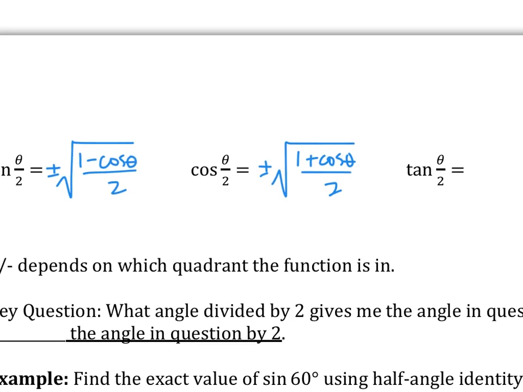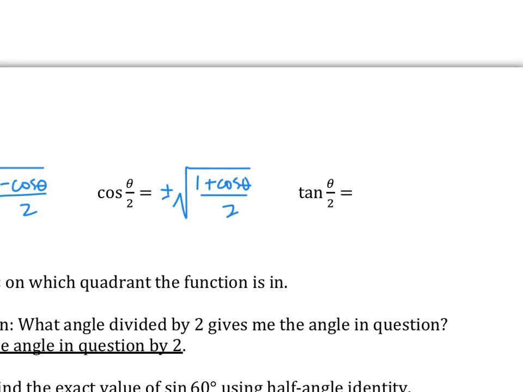And tangent is pretty easy to memorize because it is just going to be sine over cosine. So it's going to be plus minus square root of sine, which was (1 minus cosine theta) over 2, and then we're going to divide by (1 plus cosine theta) over 2. And what's going to happen is when you're dividing by a fraction, you're multiplying by a reciprocal. So the 2's cancel, and you end up with 1 plus cosine theta in the denominator.